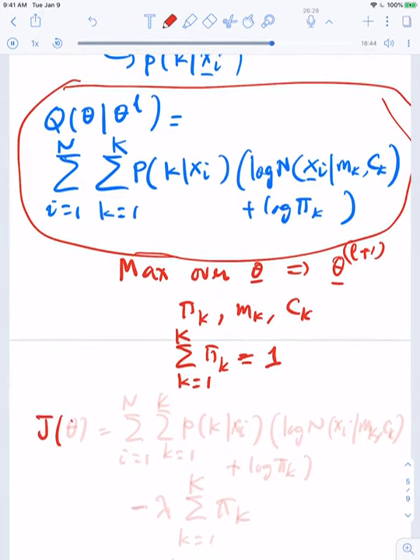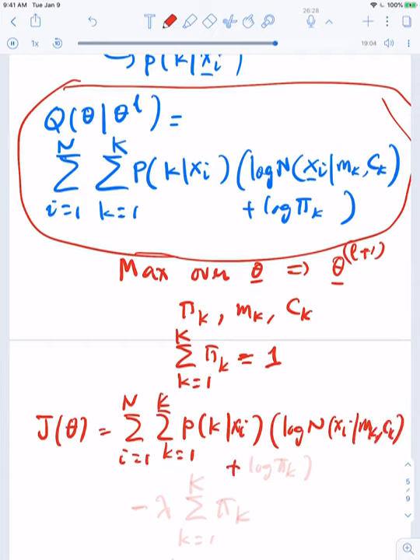J of theta is what I was optimizing before: sum over i equals 1 to N, k equals 1 to K, p of k given x_i, times log of N of x_i given m_k, C_k plus log of pi_k.